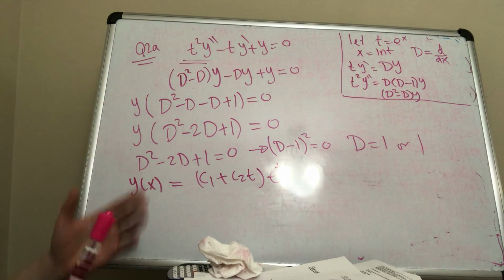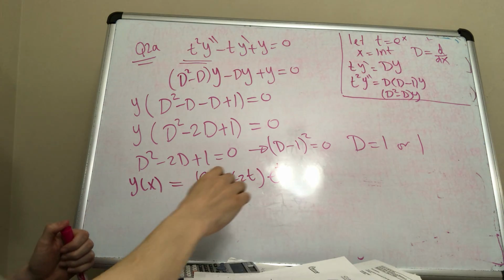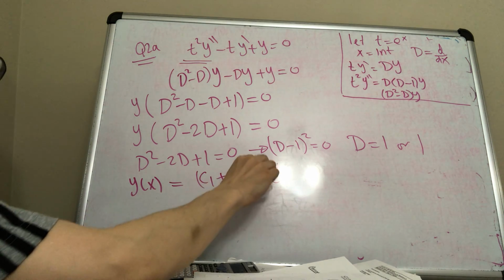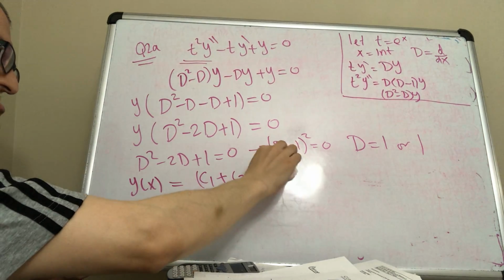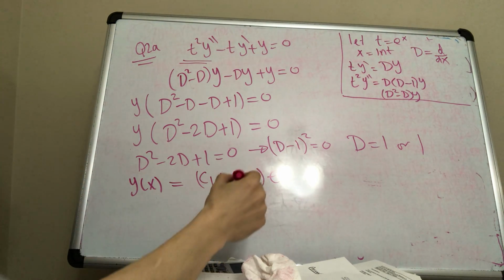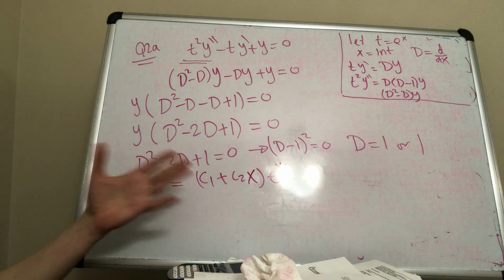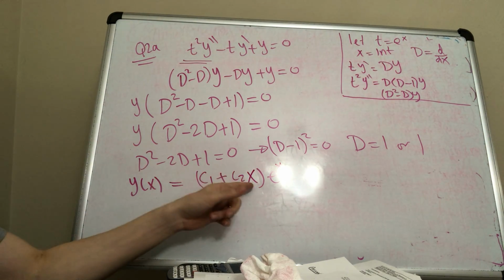This is how you would do it if it's t, but since we're doing it in x, we do the same structure for the homogeneous, but we put an x instead of the letter t.